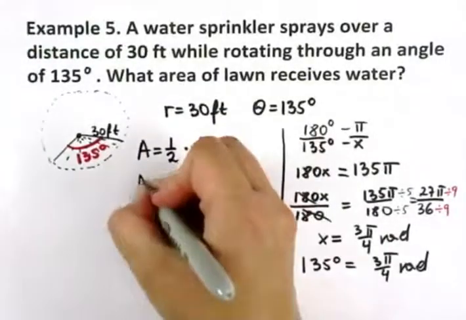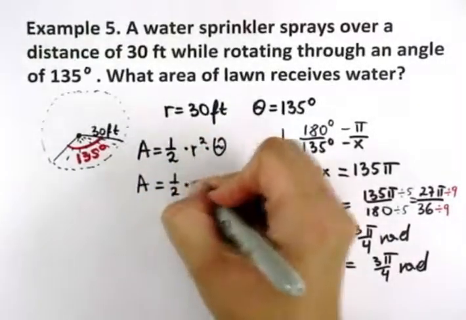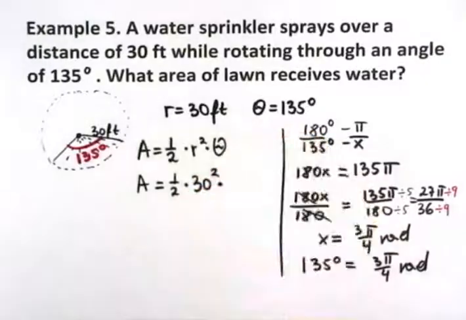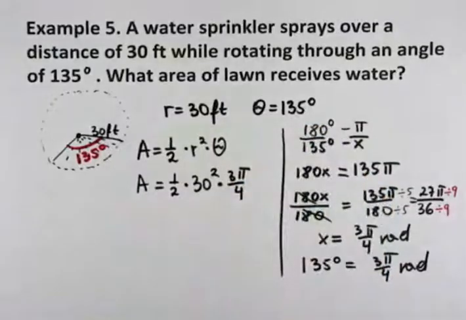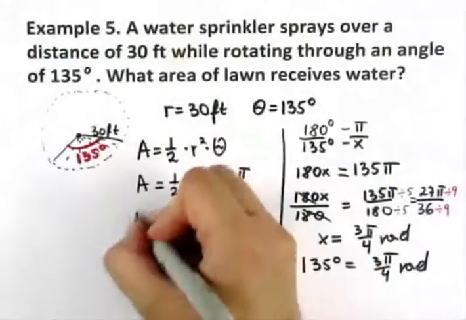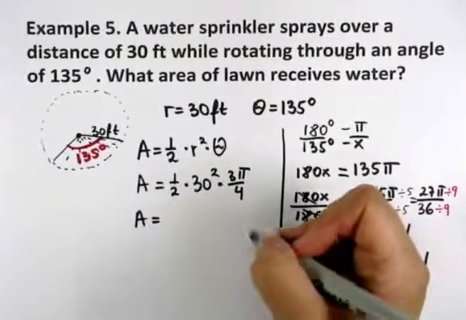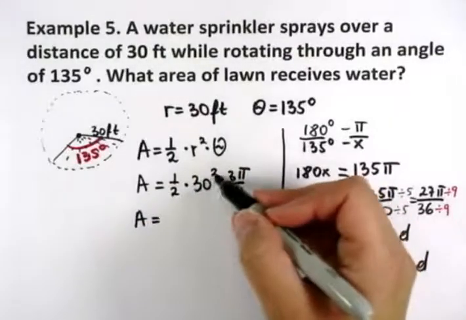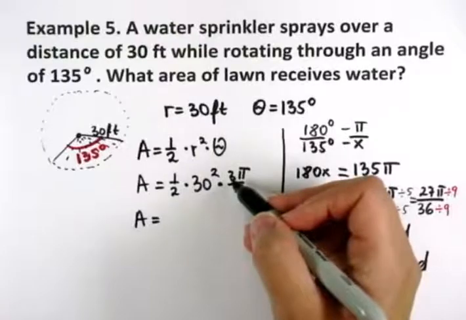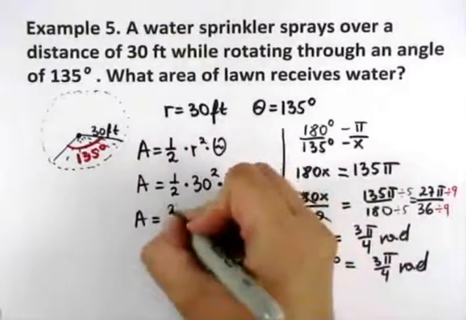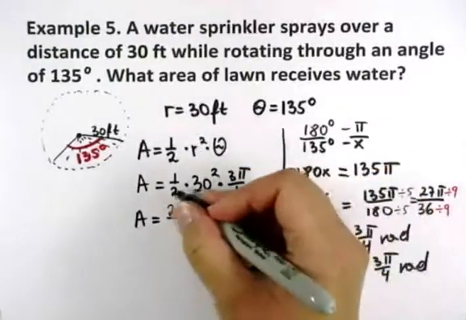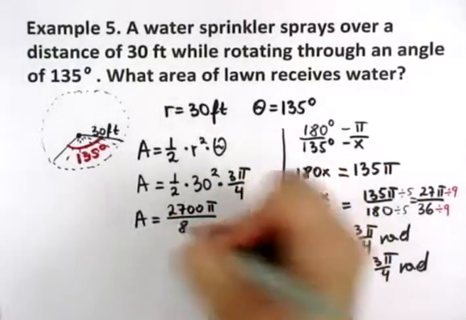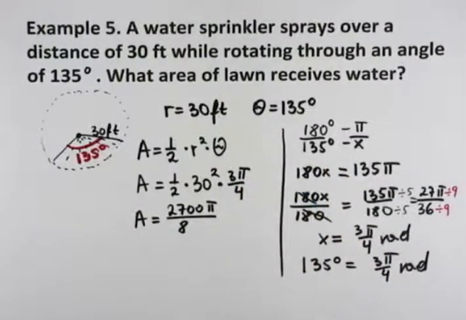So the area is equal to 1/2 times 30 squared times 3 pi over 4. 30 squared is 900, times 3 is 2700 pi over 2 times 4, which is 8.